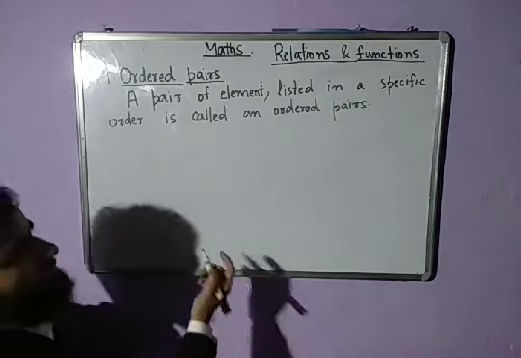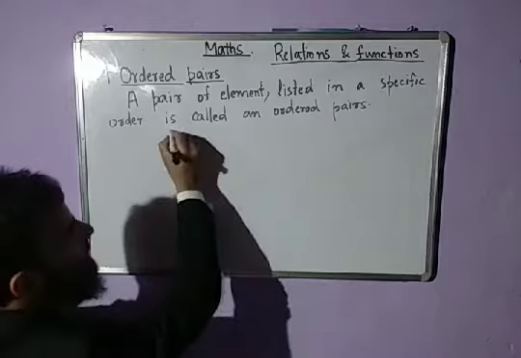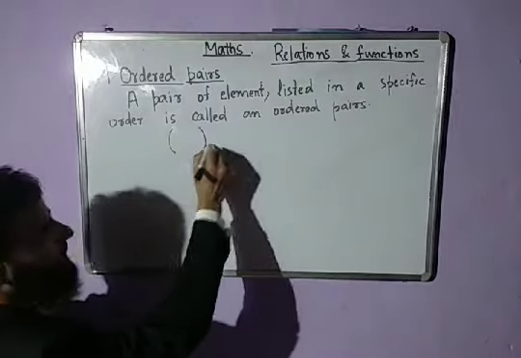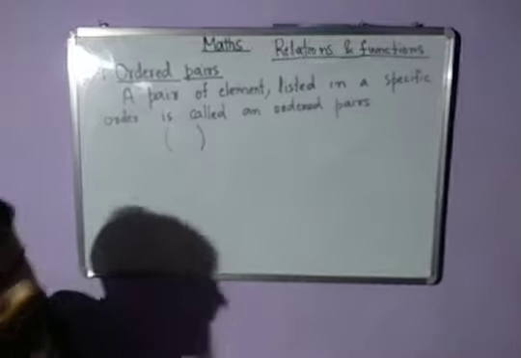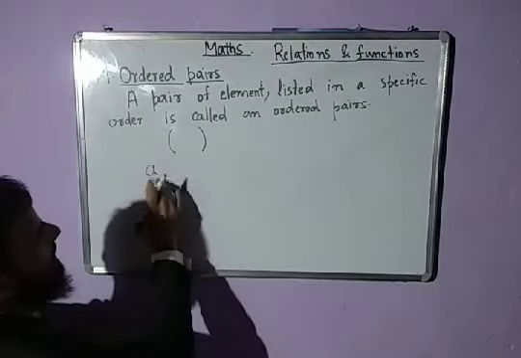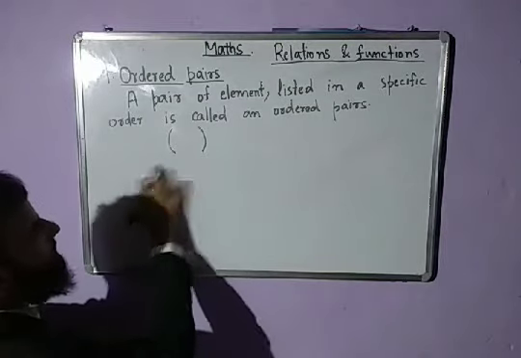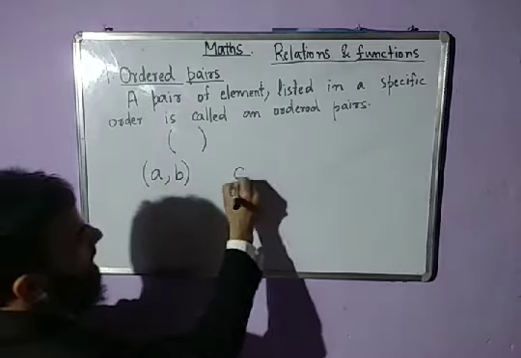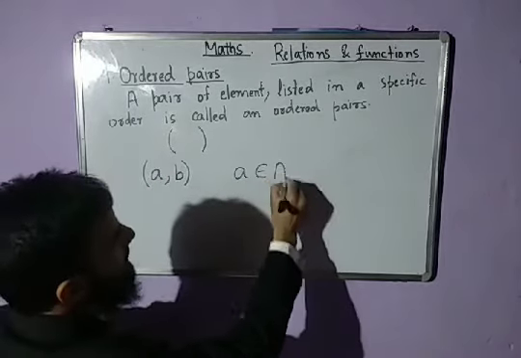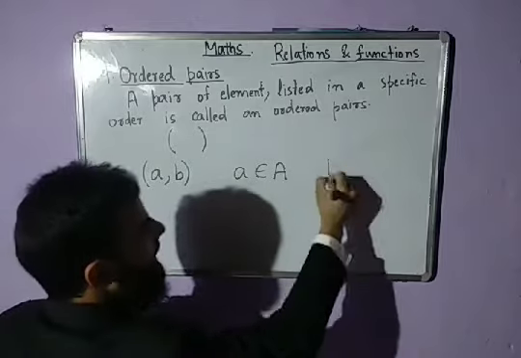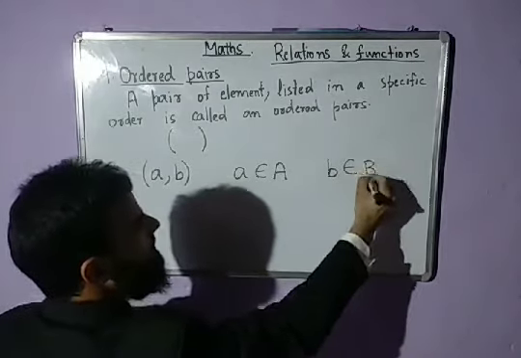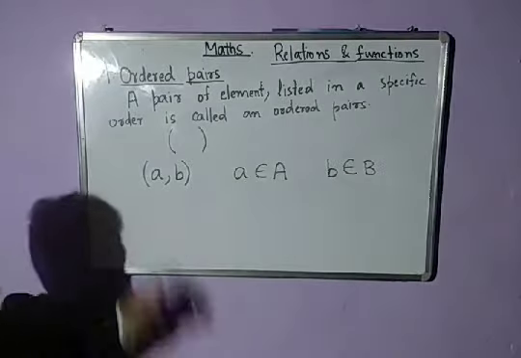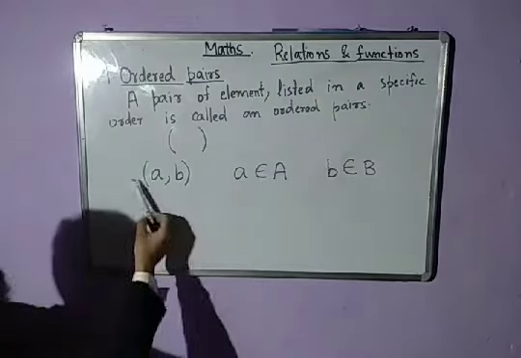And always remember, we denote the ordered pair by these small braces. Let's suppose we have an ordered pair (a, b), such that a belongs to some set A and b belongs to another set B. This is our ordered pair.